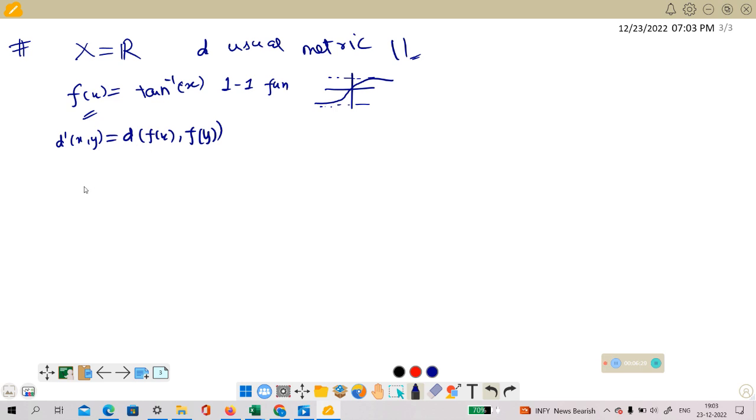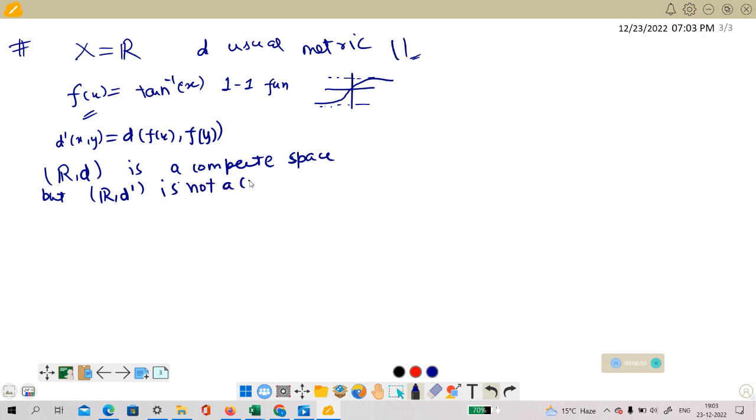Alright, so we know that R with the usual metric d is a complete space. But we will show that R with d' is not a complete space. For that we need a sequence. How will you show something is not complete?